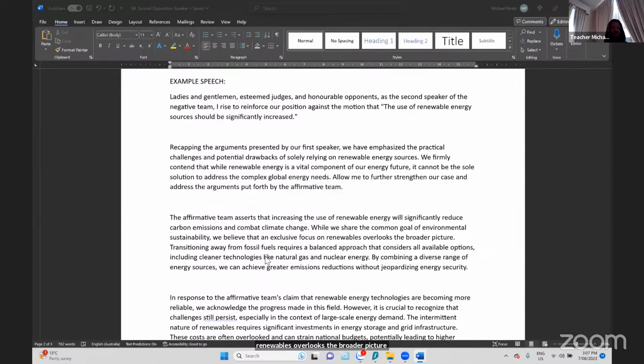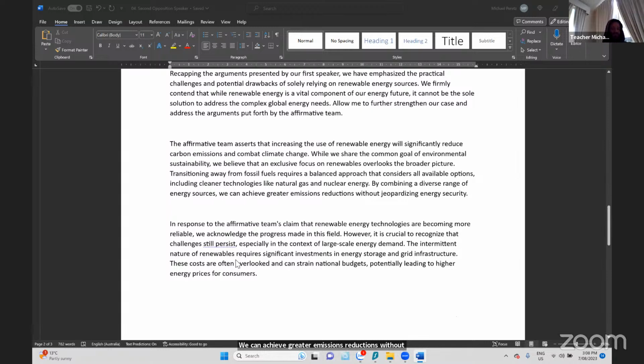Transitioning away from fossil fuels requires a balanced approach that considers all available options, including cleaner technologies like natural gas and nuclear energy. By combining a diverse range of energy sources, we can achieve greater emissions reductions without jeopardizing energy security.